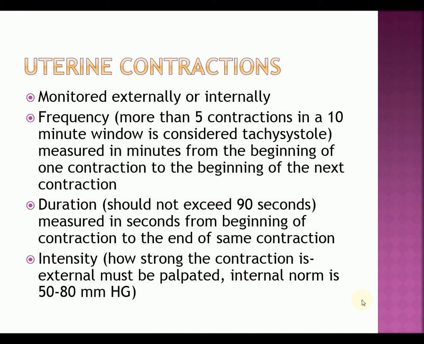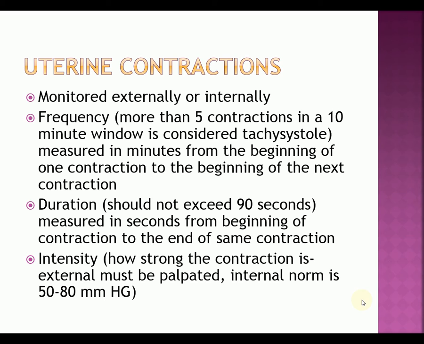So there's a period of time that the baby doesn't get any oxygenation whatsoever. Then, of course, intensity. Intensity is how strong is my contraction? This is one thing that you can't ask by saying, tell me on a scale of 1 to 10 how strong you think your contractions are, because some women will think their contractions are out of this world when it's really not.